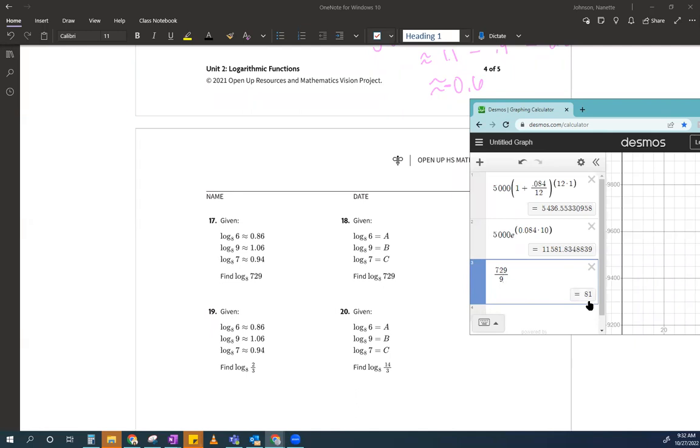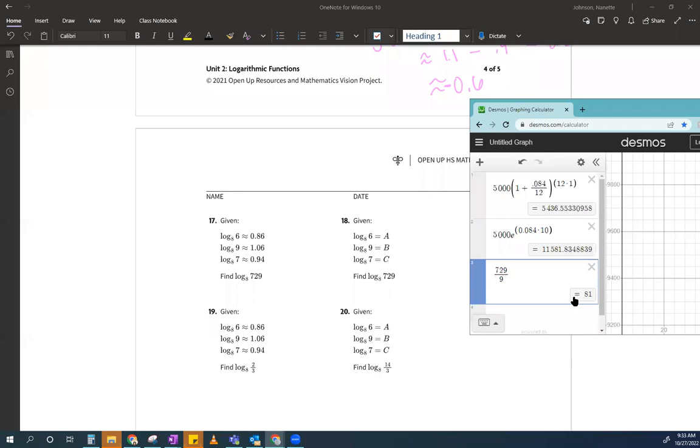Okay, what do you think this tells me? In the chat, what do you think this tells me? This right here. So 729 divided by 9 is 81.